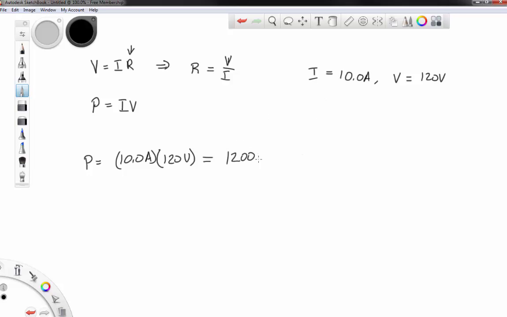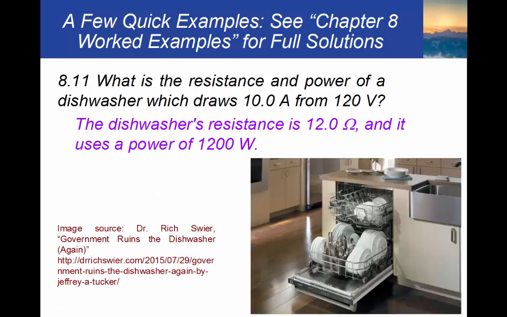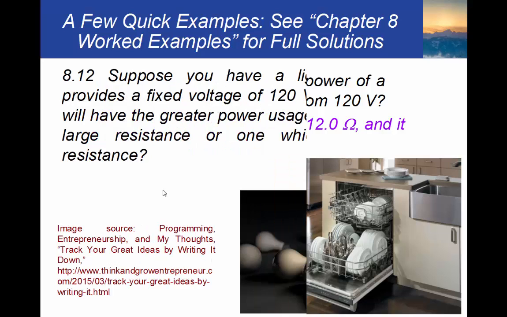So this is 1200 watts. And then the resistance is the voltage divided by the current. It's 12, probably 12.0 ohms. So this dishwasher has a resistance of 12 ohms and uses a power of 1200 watts.